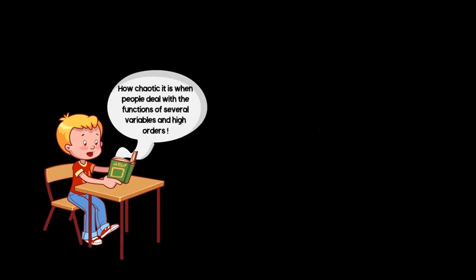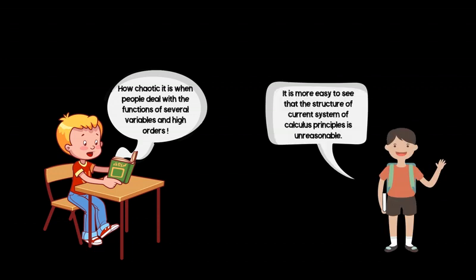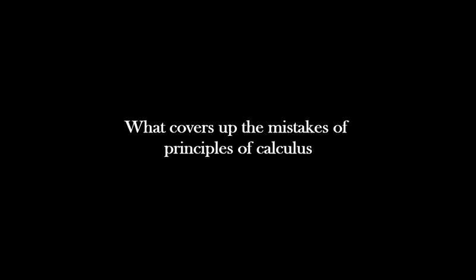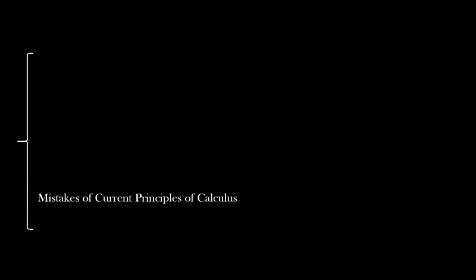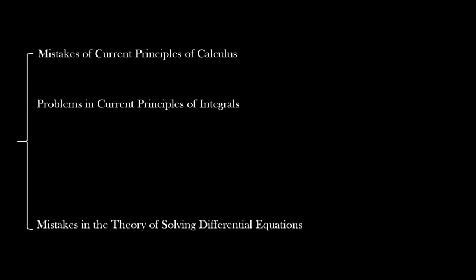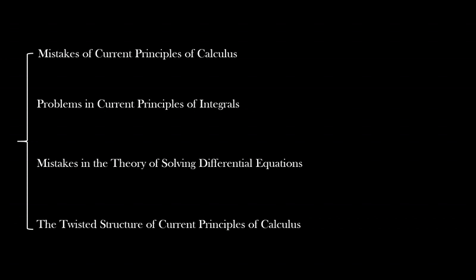How chaotic it is when people deal with the functions of several variables and high orders. It is easier to see that the structure of the current system of calculus principles is unreasonable. The current system of calculus principles, which involves the mistakes listed above, has not provided a boost to the progress of calculus methods, and instead it has actually hindered the progress of calculus methods.